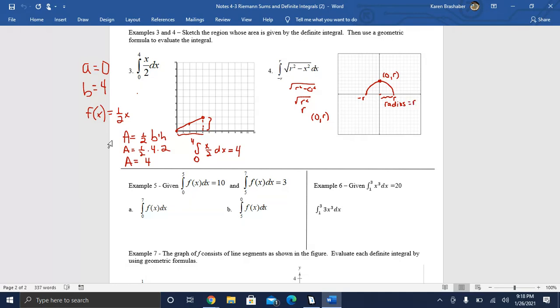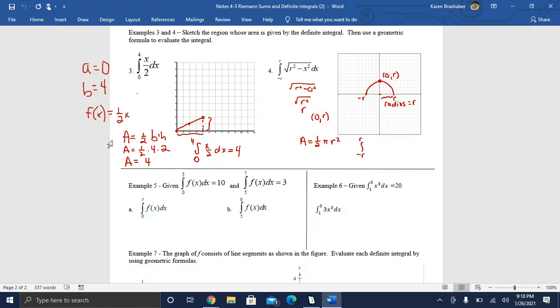And on a semicircle, your area is 1/2, because it's a semicircle, times pi times the radius squared. Since we don't actually have a value for r, that will be the value of our integral.